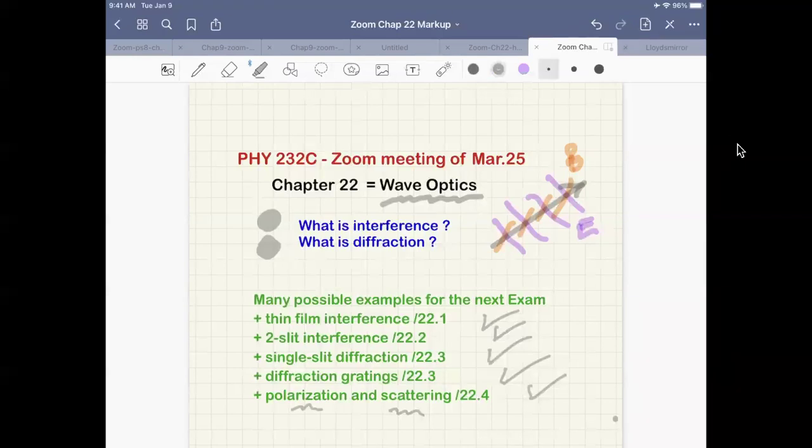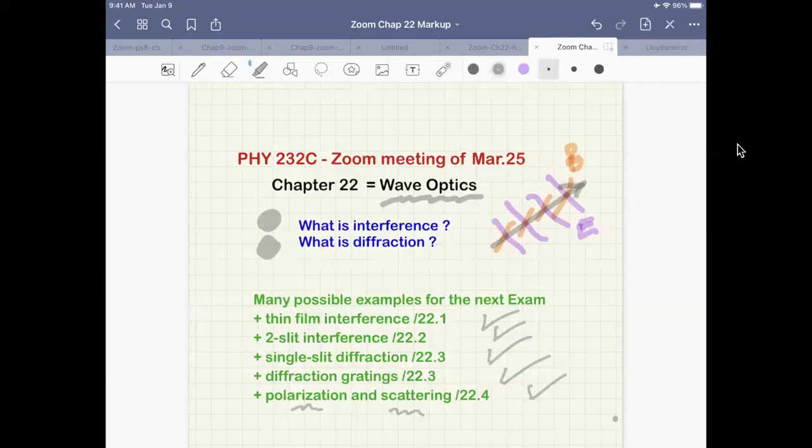And as we all know, the sky is blue, although sunlight is not blue. Sunlight is white. But white is a superposition of all the different frequencies, and the higher frequencies are scattered more than the lower frequencies.